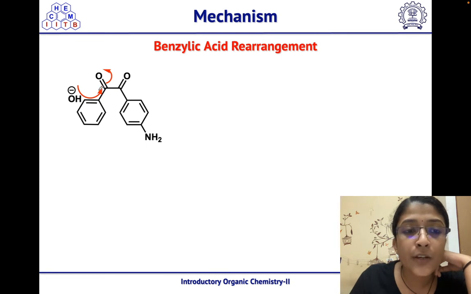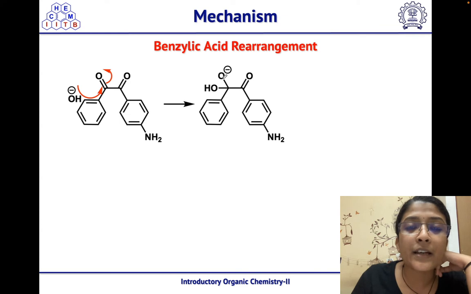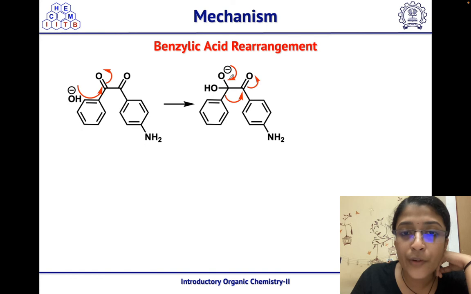The base will come and attack this carbonyl, and we will get a tetrahedral intermediate like this. Now what will happen? This lone pair will fall down and this phenyl group will migrate, and it will generate O minus here.